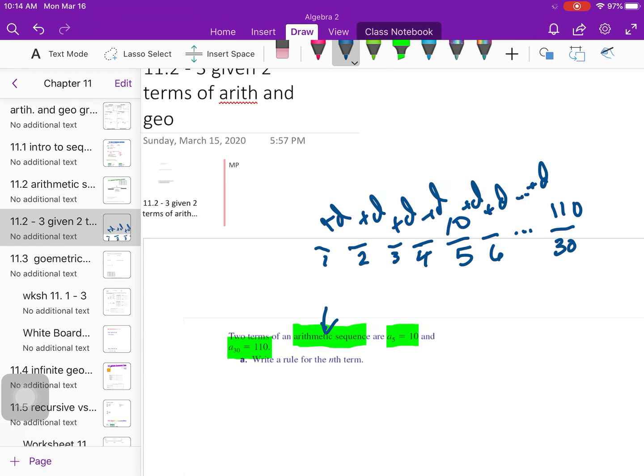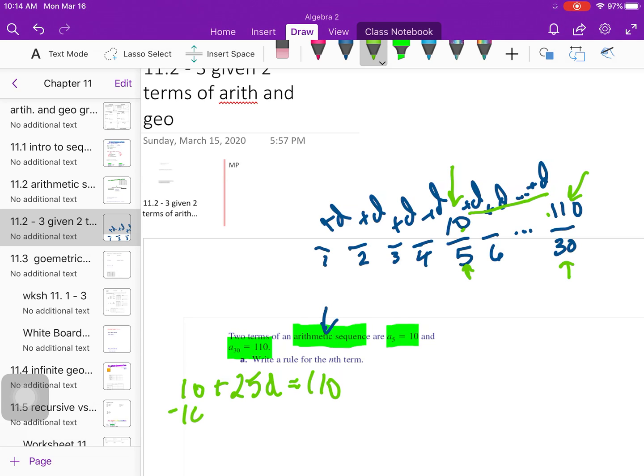So when I look at this, I see I am starting with 10, plus, from the 5th to the 30th term leaves 25 d's in between here. So I am at 10 plus 25 d's, which will equal the 30th term of 110.